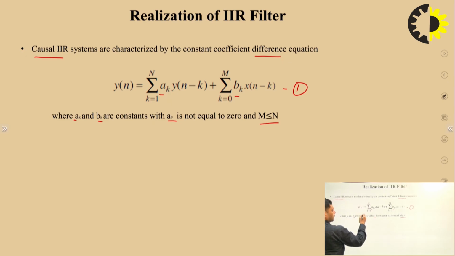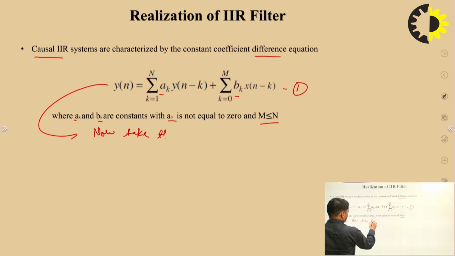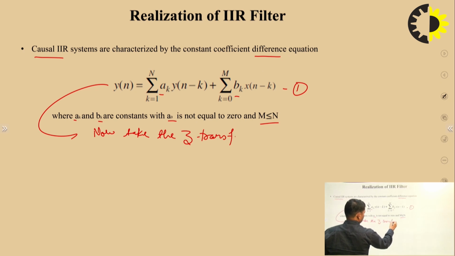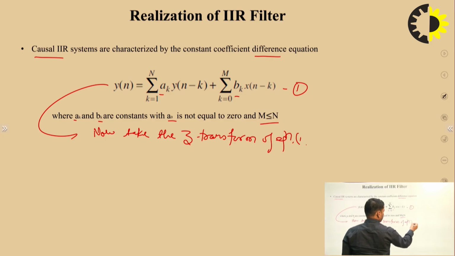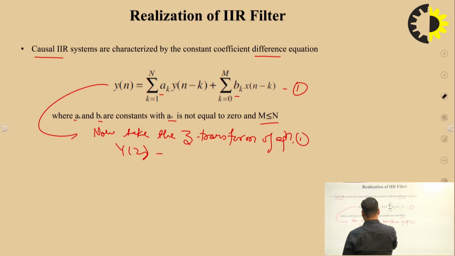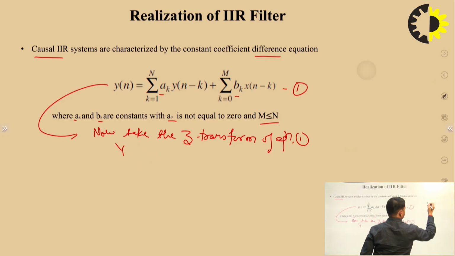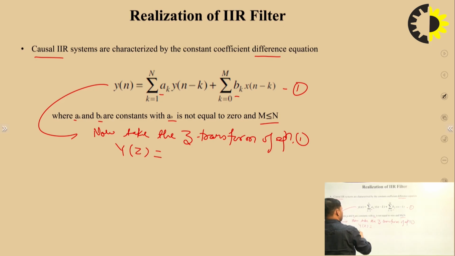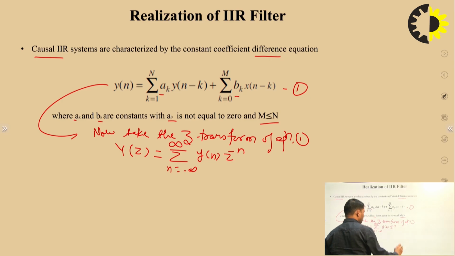Now take the Z transform of equation 1. y of n is in the time domain and Y of z is the Z transform of the function y of n, which is given by Y of z is equal to summation of n equals minus infinity to plus infinity y of n into z raised to power minus n.